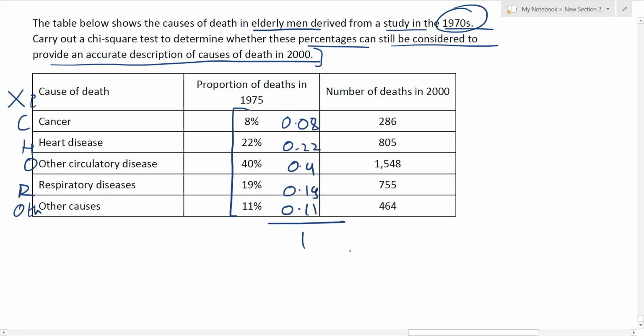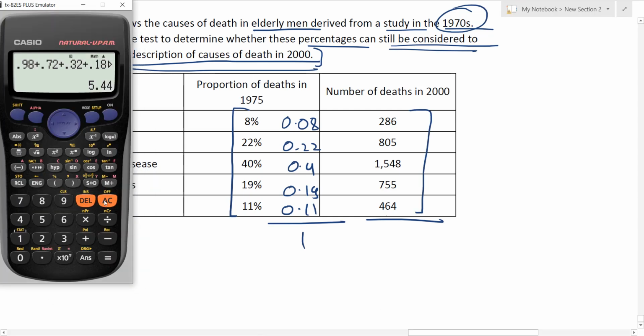Total probability. Now we have to check whether this distribution is still applicable to the death cases in 2000. In the year 2000, the number of deaths will be 286 plus 805 plus 1548 plus 755 and 464.